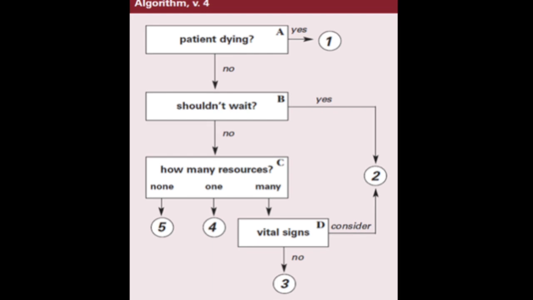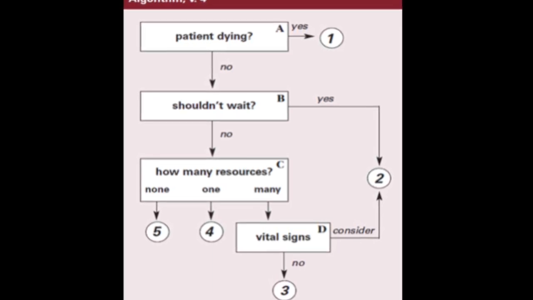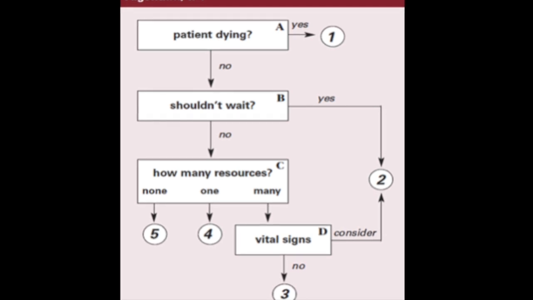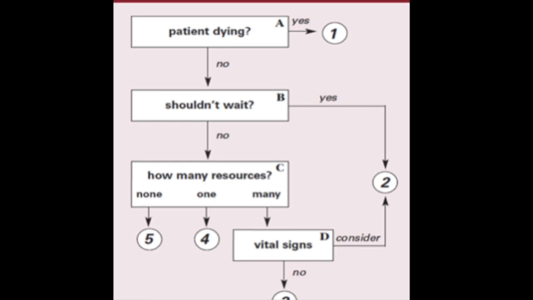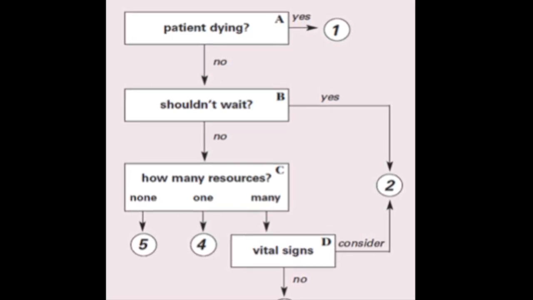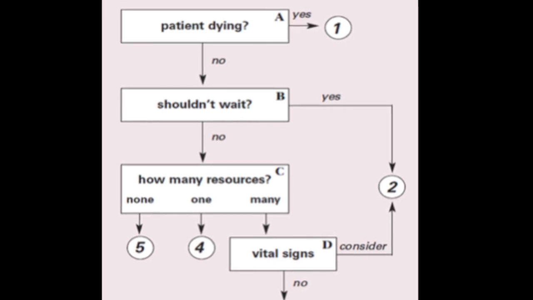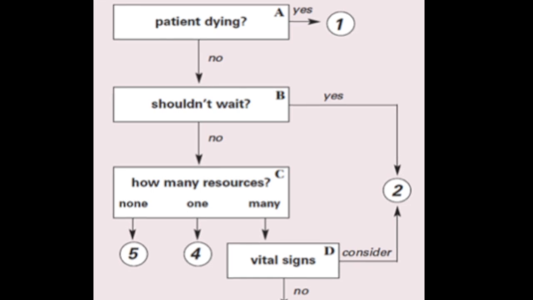If they shouldn't wait in the waiting room for either physical distress, any developmental or psychological need, then they need to be an ESI 2. So the patient needs to not stop at triage for vital signs. They can go straight into the next available room.